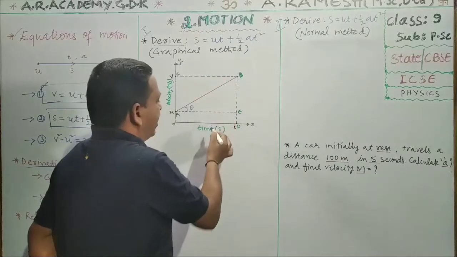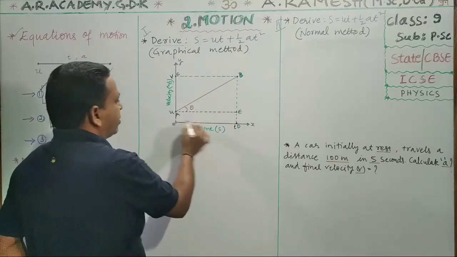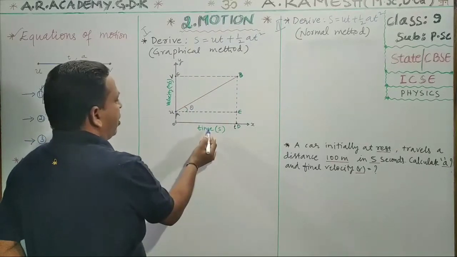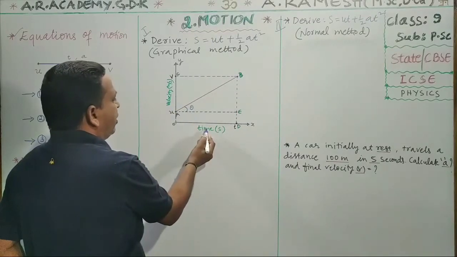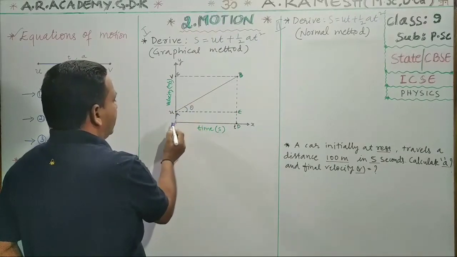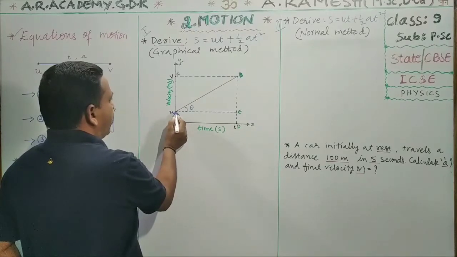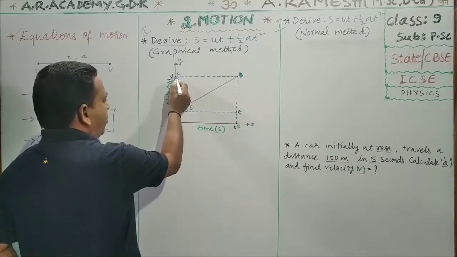If you see this graph, children, this is a velocity time graph. In this velocity time graph, you observe OA is the initial velocity of the body, OC is the final velocity of the body.